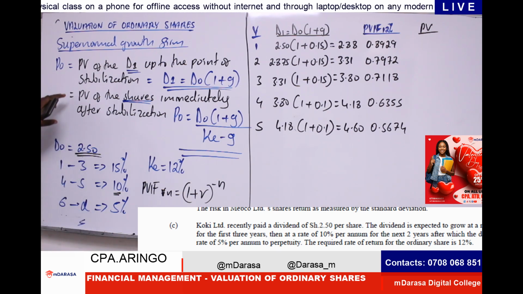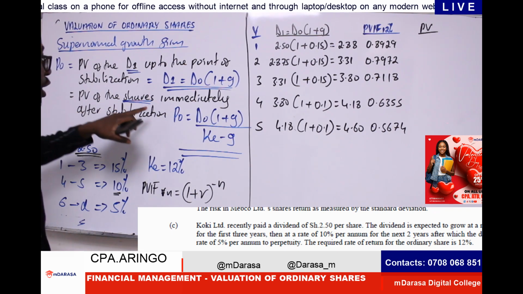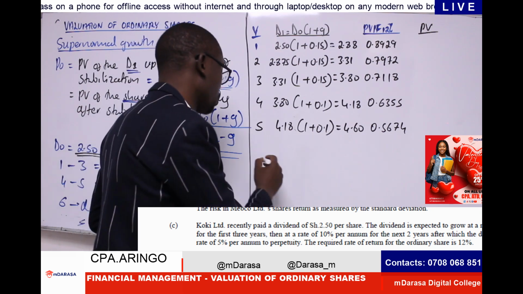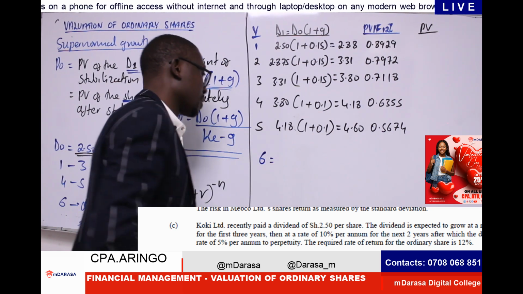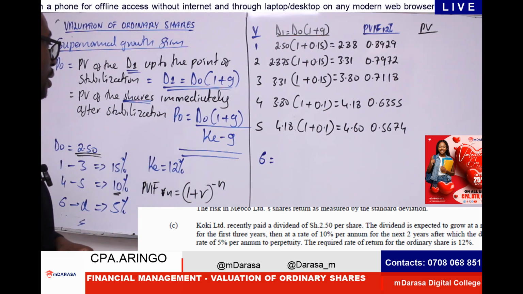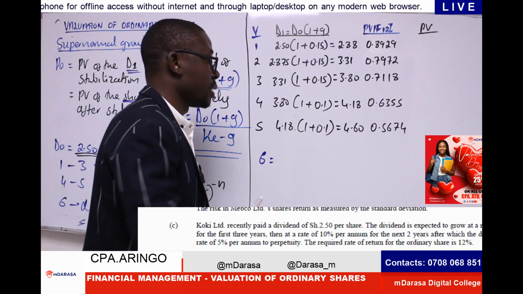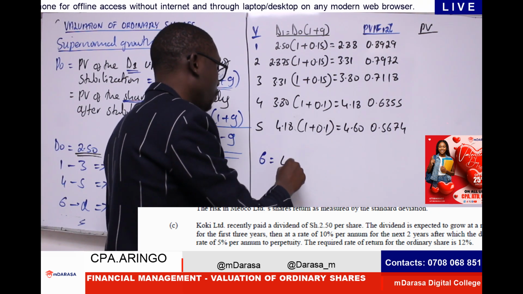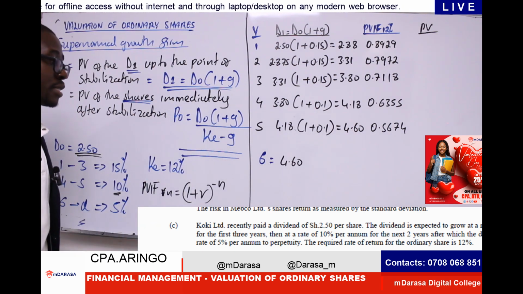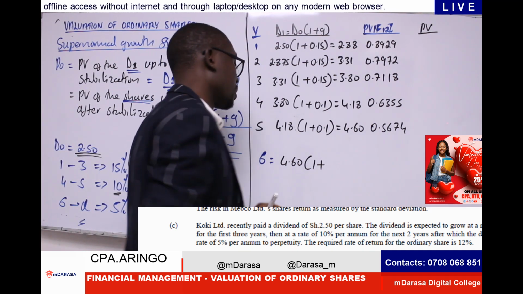Then the next stage would be for us to determine the present value of the shares immediately after stabilization. Immediately after stabilization, we are looking at the sixth year, right? So incorporating our value of shares, our D0 in year 6, we should be talking of what? 4.60. That will be your D0 in year 6, into 1 plus growth rate.